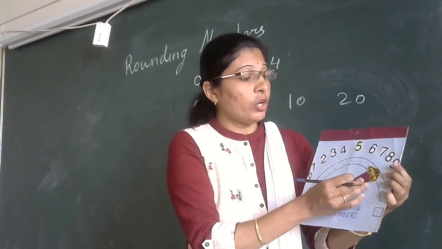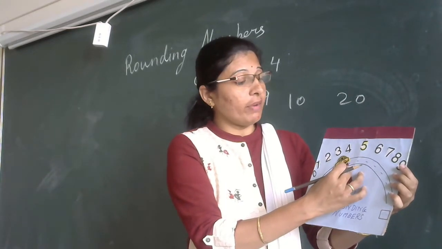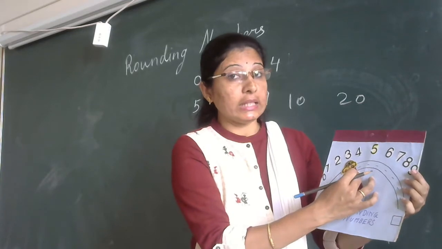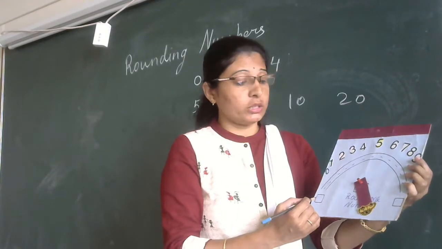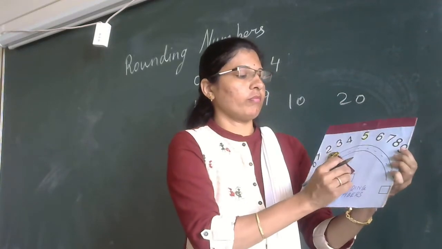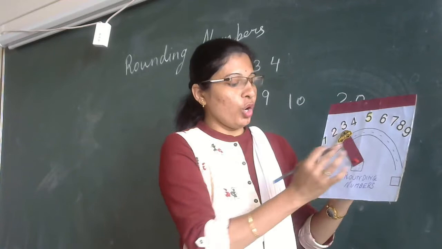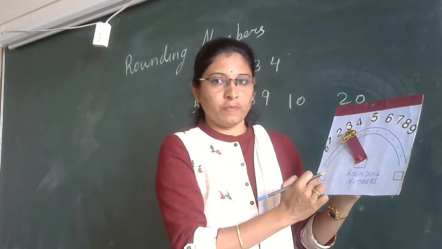If this car has to go to 23, where will it go? It will go, here you can see 3, 23. So this 3 is nearer to this box. Here you can see this 3 is nearer to this box. So it will go near this.